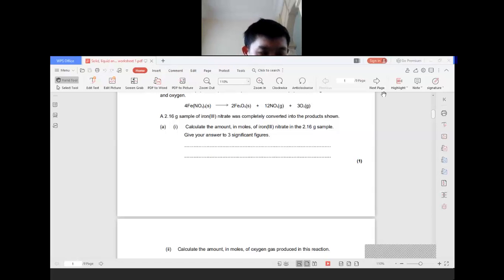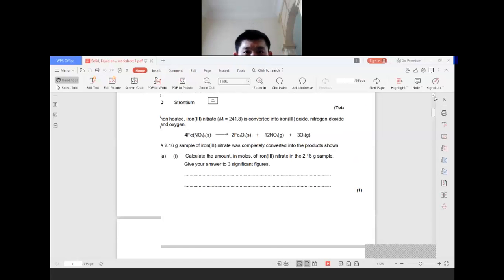Okay, right now I'm going to continue the discussion of this one. Question number 3. When heated, iron trinitrate is converted into iron trioxide, nitrogen dioxide, and oxygen gas. A 2.16 gram sample of iron trinitrate was completely converted.